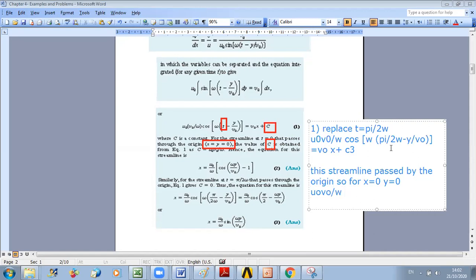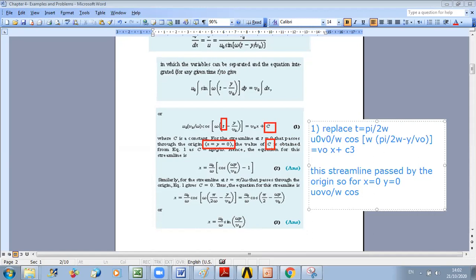Now you have y equal to 0, and you still have only cosine omega times pi over 2 omega. Omega will be simplified. So you have cosine pi over 2, which is cosine 90 degrees.